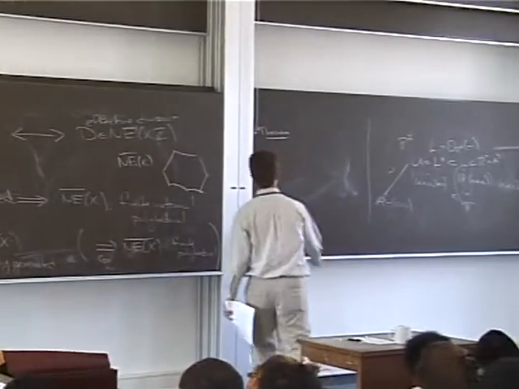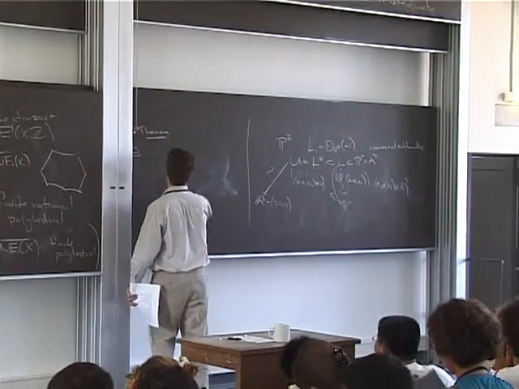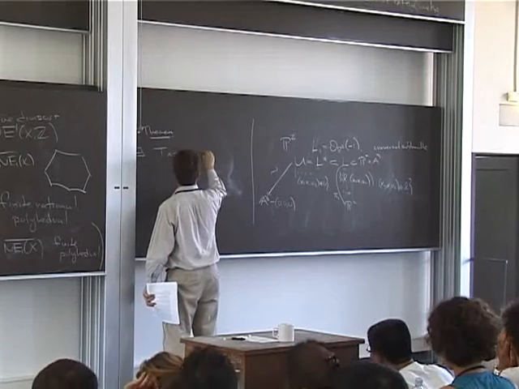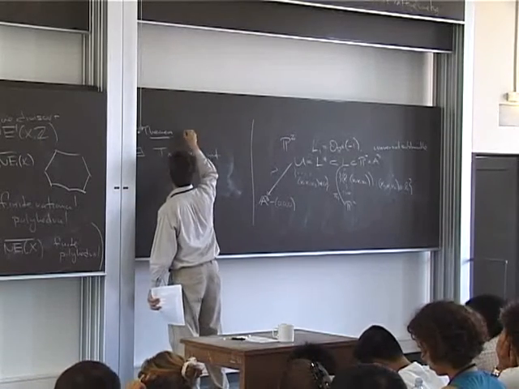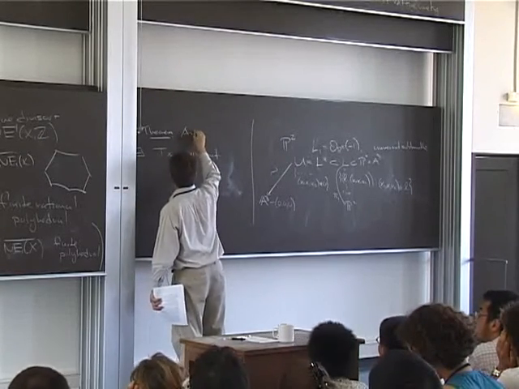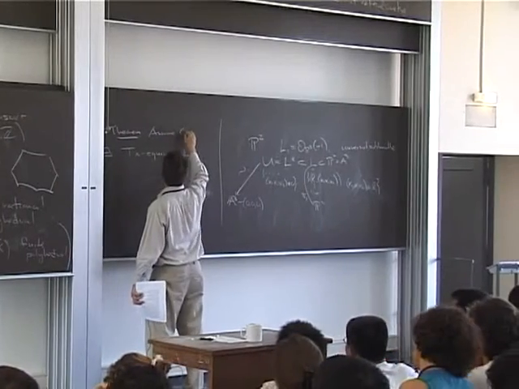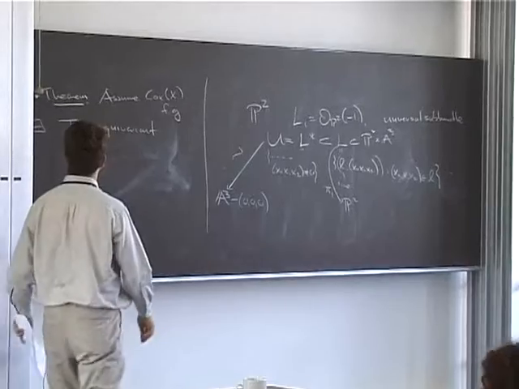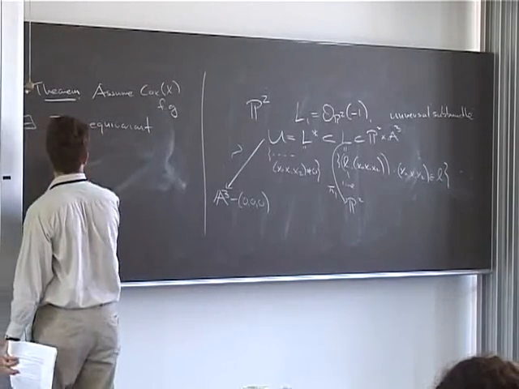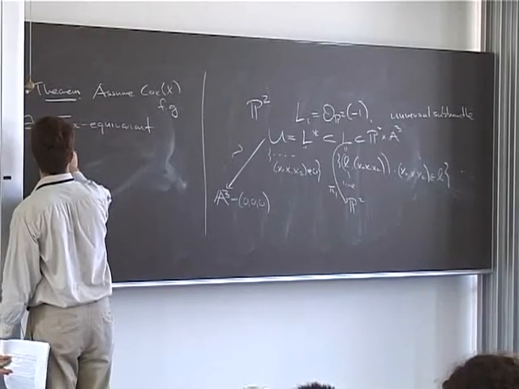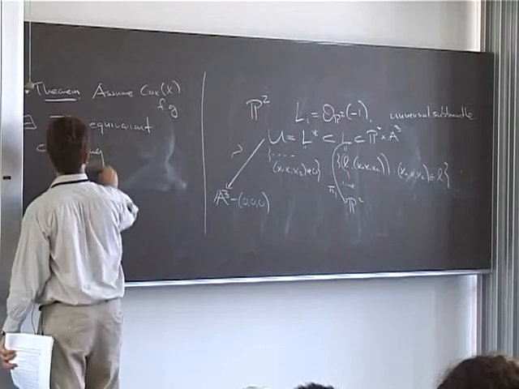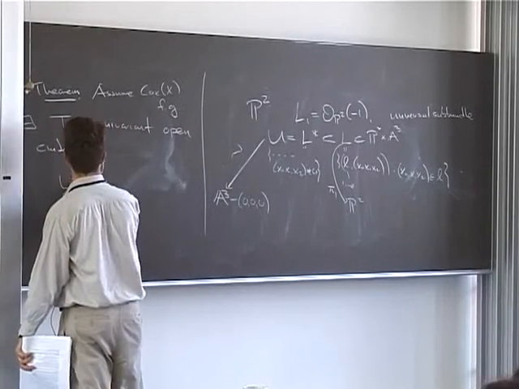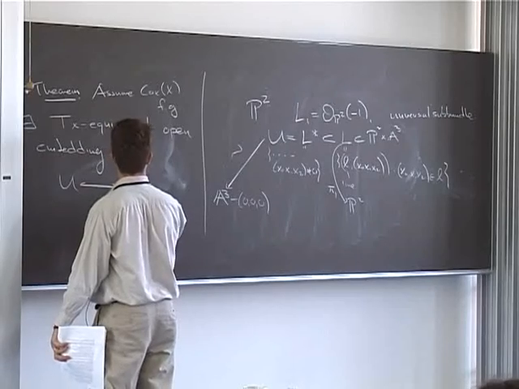Is that there exists a Tx equivariant, oh, let's assume that the Cox ring is finitely generated. Then there exists a Tx equivariant embedding, open embedding, of U into the affine variety built on the Cox ring.